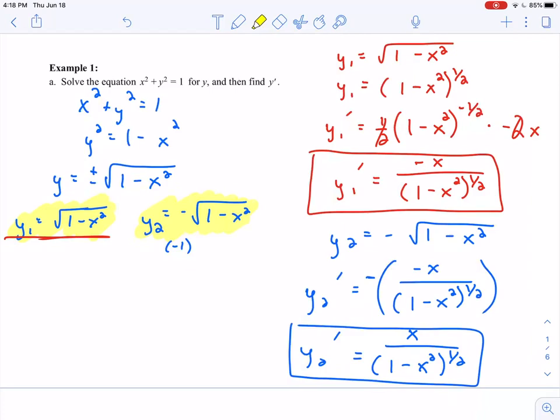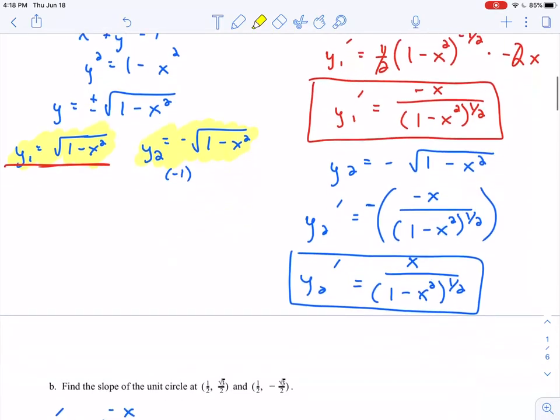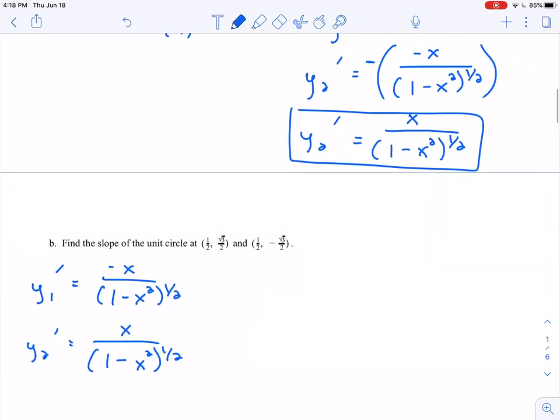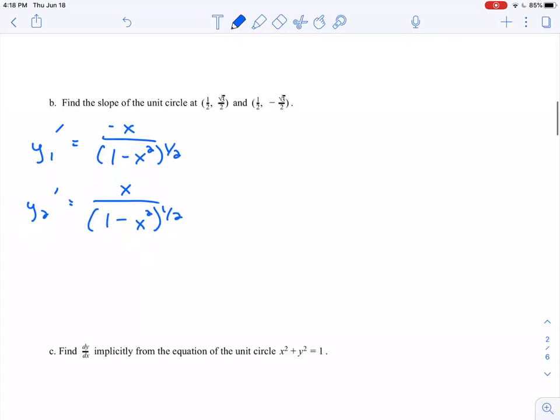In this case, I think it would be really helpful if we visualized what each of those looks like. So I'm going to graph the unit circle here. So we said the unit circle is a circle centered at the origin.